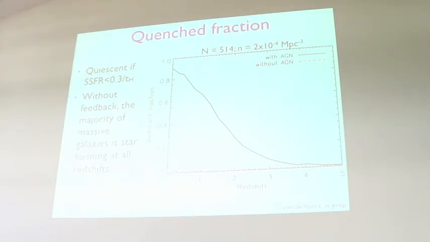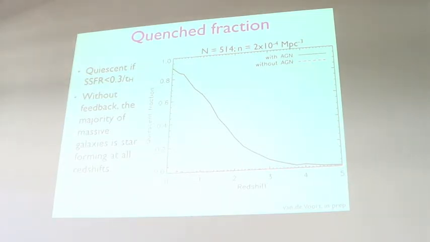So I will be mostly looking at the difference between the simulation with and without AGN feedback. And this is, if you use a very simple specific star formation rate criterion to just say how many of these galaxies are quenched and how many aren't. I'm only looking at the 514 most massive galaxies at all these redshifts. You can see that without AGN, that's the dashed red curve all the way at 0.